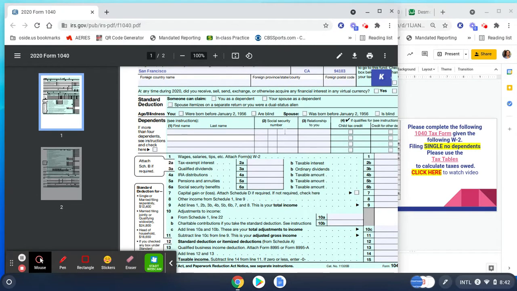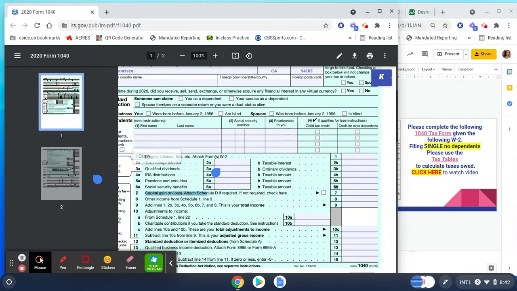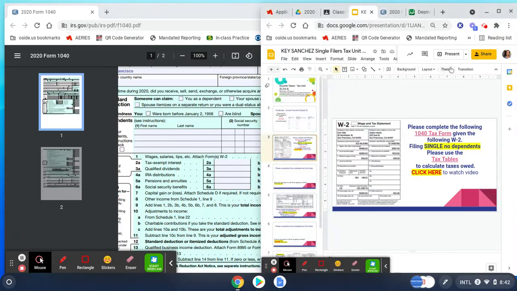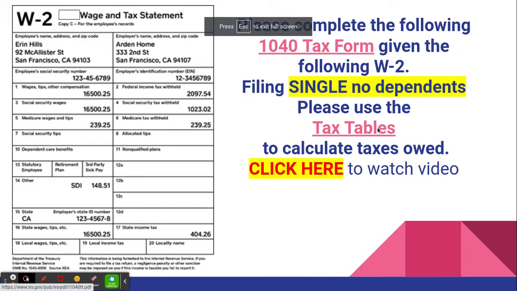I'm now moving down into the calculation section where we're going to start filling in numbers. And so line 1, what goes in line 1? If you go over here, it actually gives you the specific directions of where to find this on your W-2. So we're going to want to find the wages, salaries, and tips from our W-2. So let's go look.